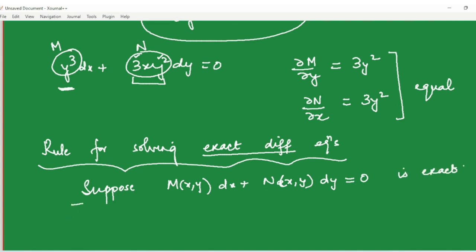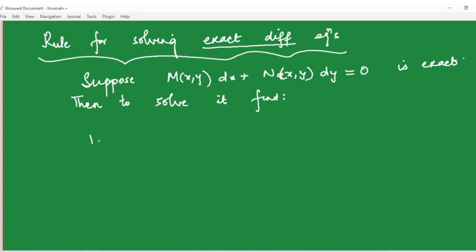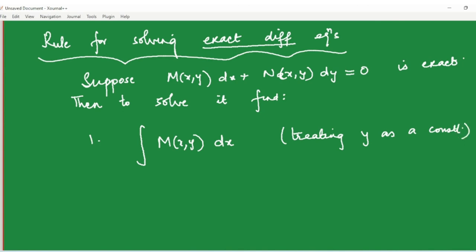Then to solve it, number one, you integrate m with respect to x, treating y as a constant. So you find out the integral of m with respect to x, treating y as a constant.